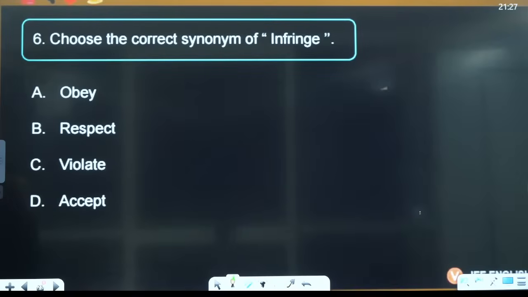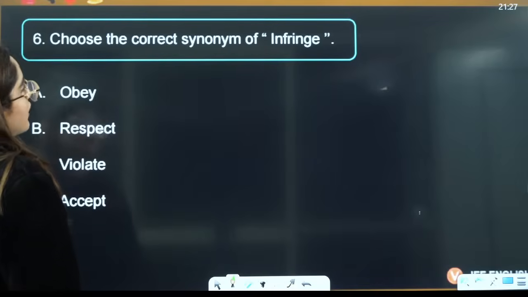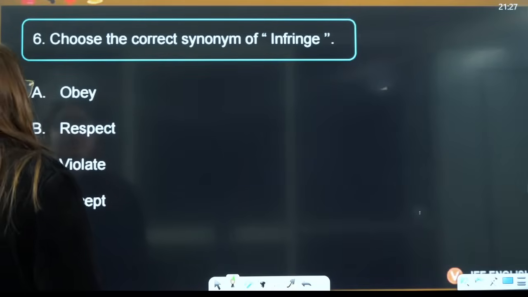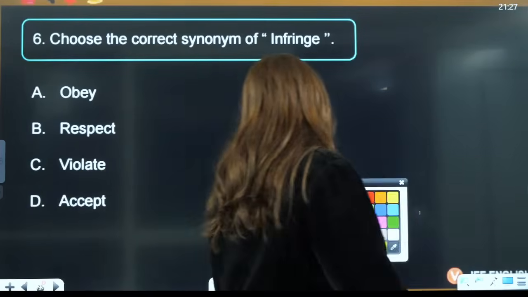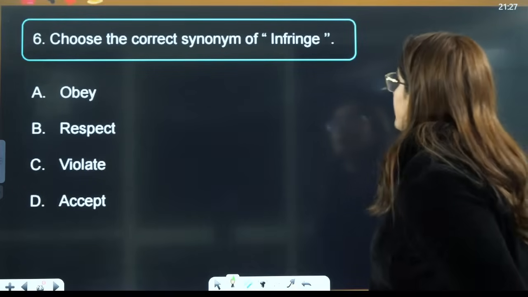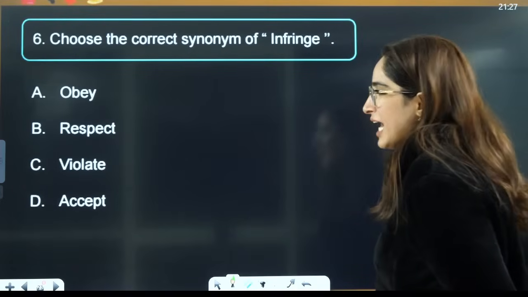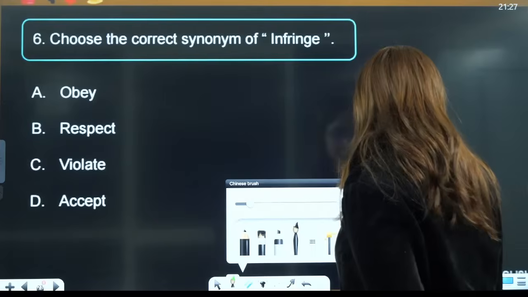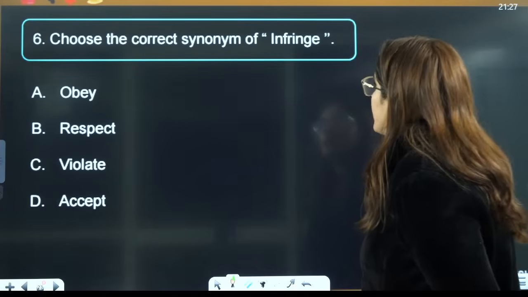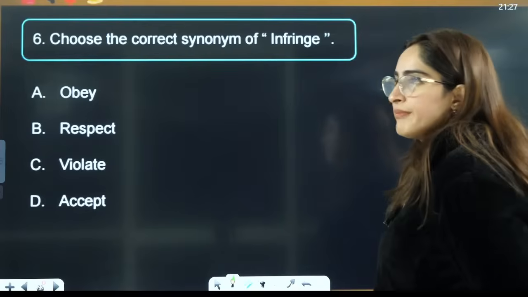The next question is: choose the correct synonym of infringe. Infringe. Obey, respect. Now I'll tell you how to do hit and trial without knowing the answer. Even I don't know the meaning of this one.